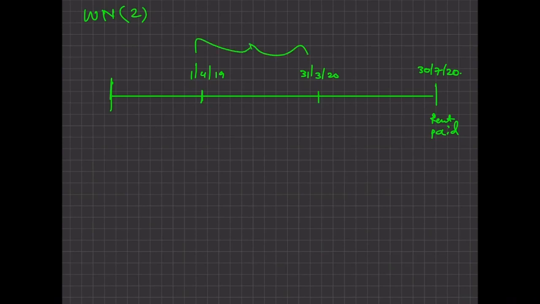So how many months is prepaid? After March, there is April, May, June, and July itself. So we have 4 months prepaid. This whole 1 year was of 12 months, starting with 1st of April and ending with 31st of March.